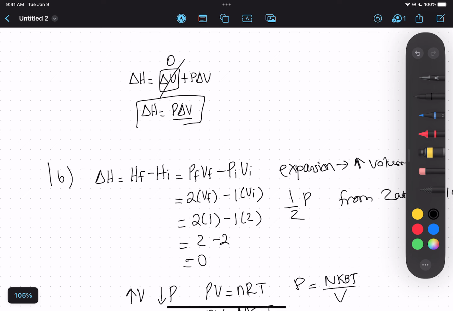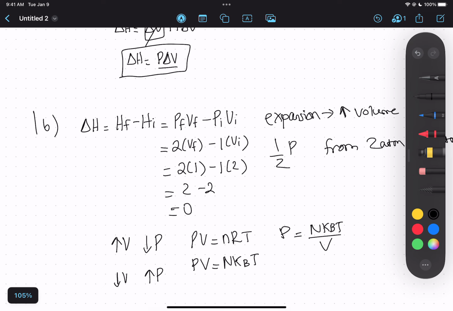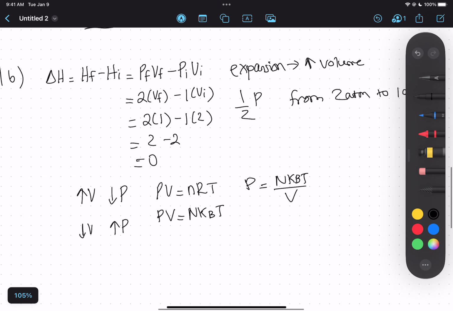So your enthalpy is strictly determined by the change in pressure and volume. Writing delta H as H_F minus H_I, you have P_F V_F minus P_I V_I, your final pressure times final volume minus initial pressure times initial volume. We saw the pressure was halved from 2 to 1, and based on the ideal gas law, the volume was doubled, the inverse of that. So your delta H, the change in enthalpy, becomes 0 as well.